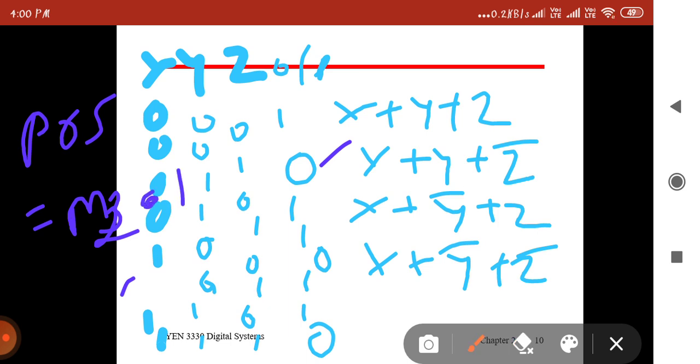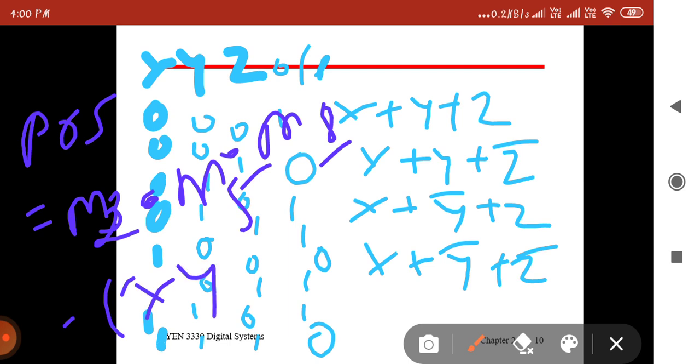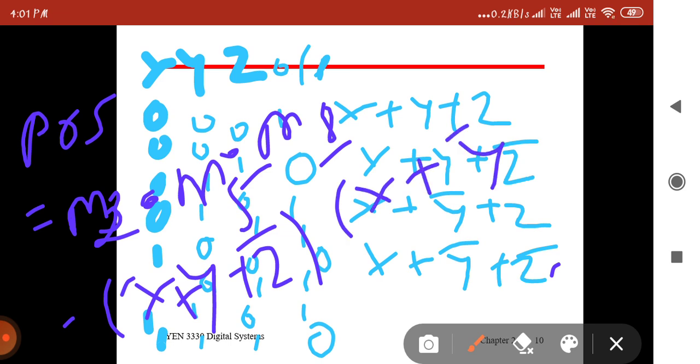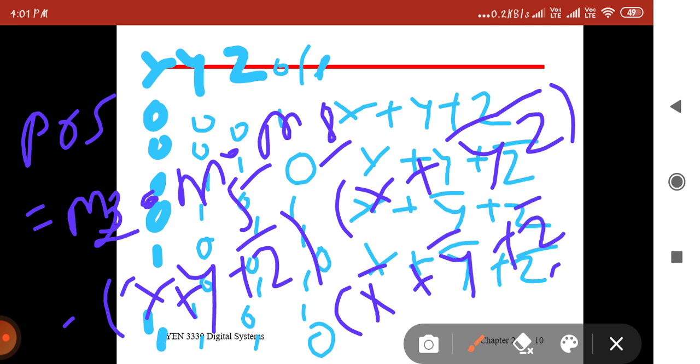M2 into M5 into M8. It is a product. M2 is X plus Y plus Z bar. M5 is X plus Y bar plus Z bar. M8 is X bar plus Y bar plus Z bar.